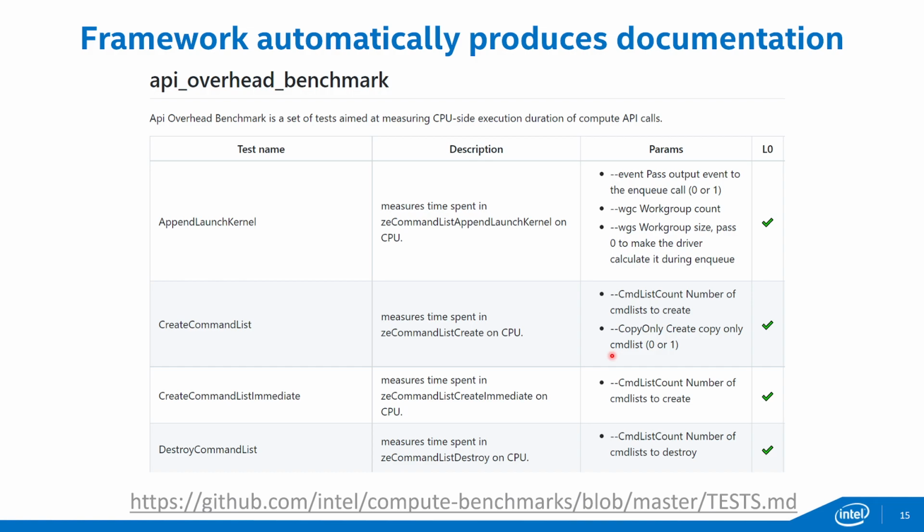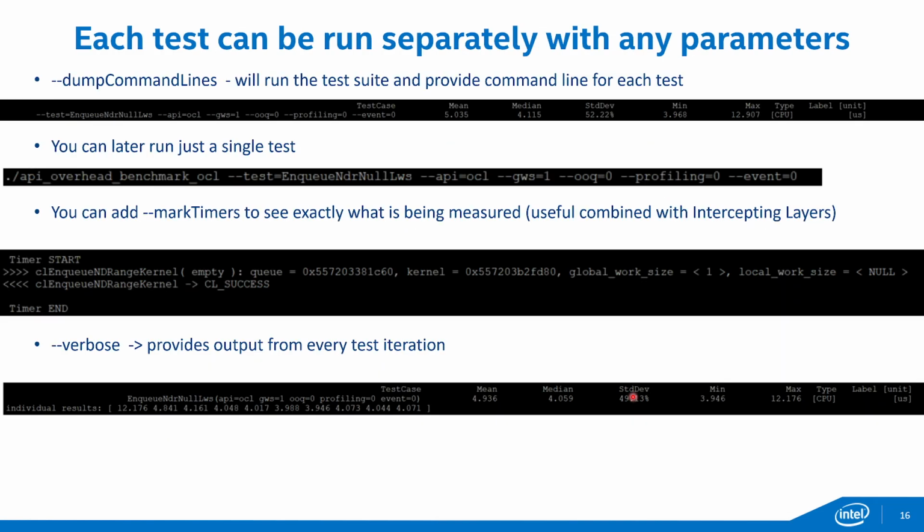You don't need to provide an implementation for a given test. So you may write tests that will only make sense with the level 0 backend, but you can also write tests that would have multiple backend implementations and check how those behave in those scenarios. If you want to try it out, here is a link where you may see how this documentation looks. And now, how we work on those tests within the driver team.